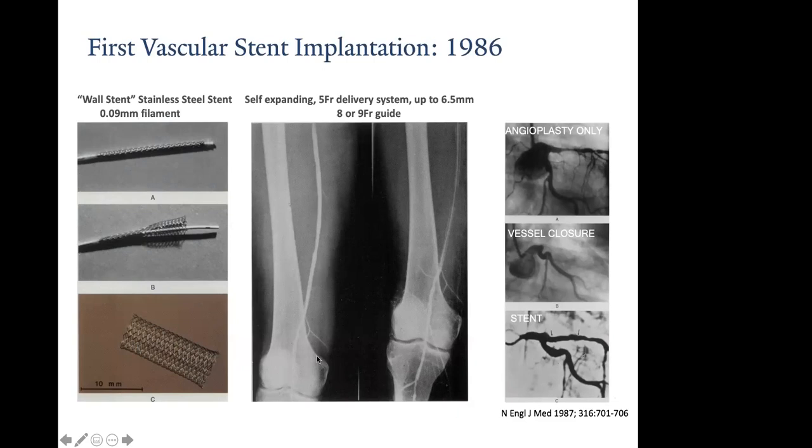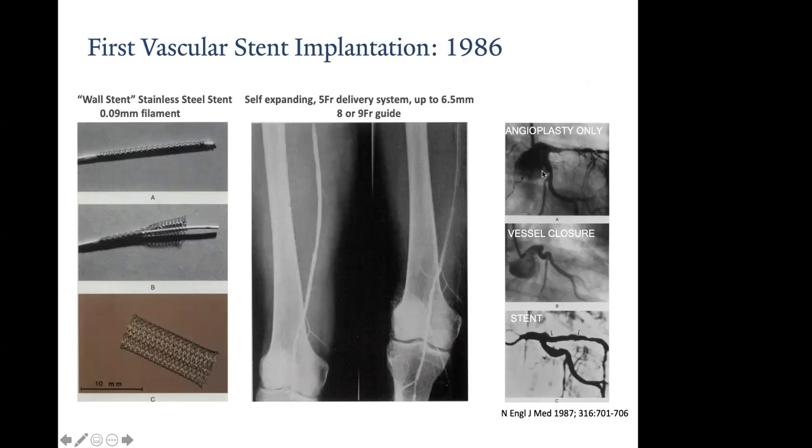In this figure in the middle, you see an angiogram, then the radiograph without contrast, and you see 2 Wallstents. The problem with Wallstents was that it had a 5 French delivery system. It had to go through an 8 or 9 French guide, and even with that, they could only go up to 6.5 millimeters. So really a very bulky device. This was an early generation of what stent technology was going to have to offer.